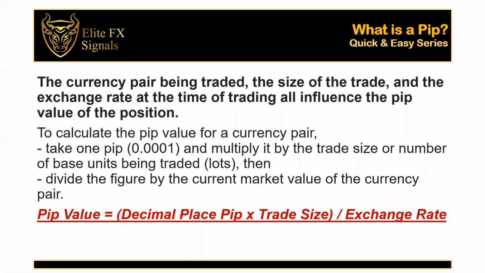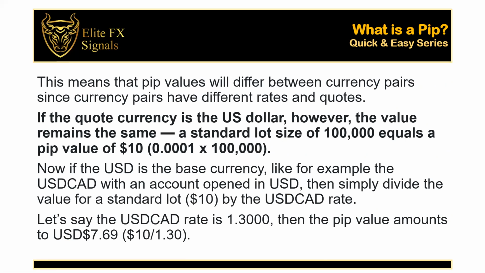So the pip value is calculated by multiplying the decimal places in pips, which is 0.0001 for non-yen pairs, and we multiply it by the trade size. So the trade size is for a standard lot, 100,000 units. If we trade one mini lot, then the trade size would be 10,000 units, okay? And we divide that by the exchange rate that the currency pair has at the moment we close our trade.